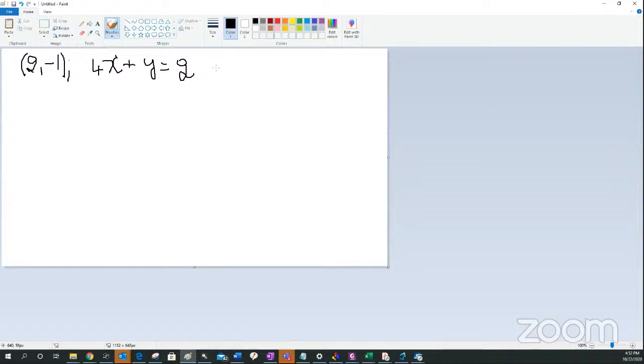So the question is: find an equation of the line that passes through the point (2, -1) and is also perpendicular to the line 4x plus y equals 2.